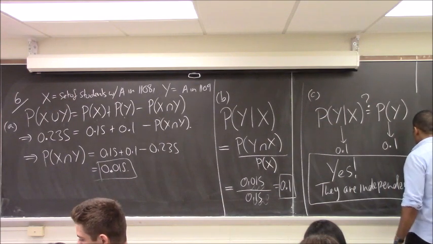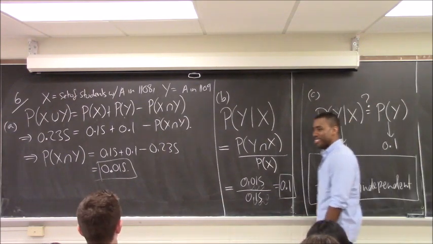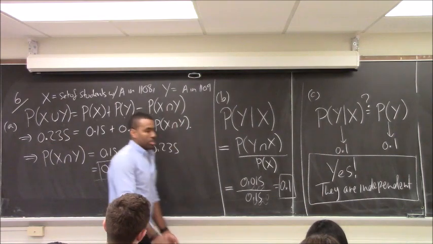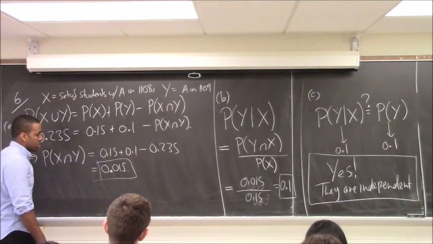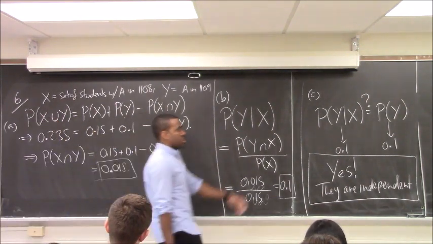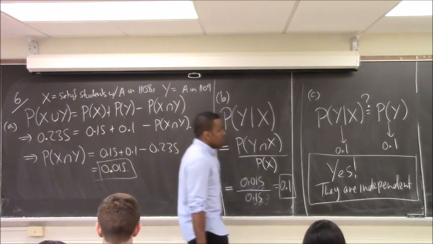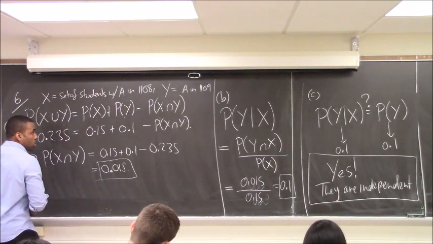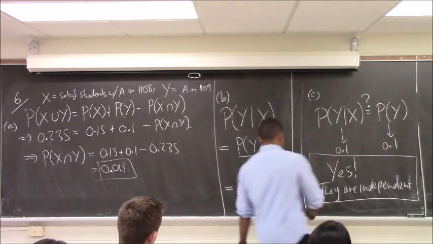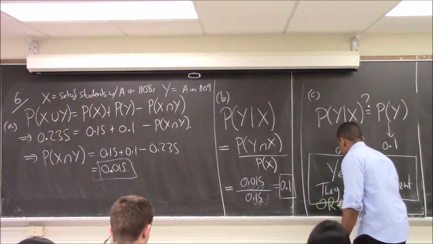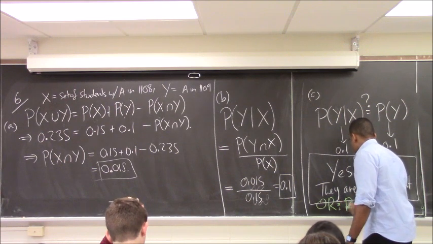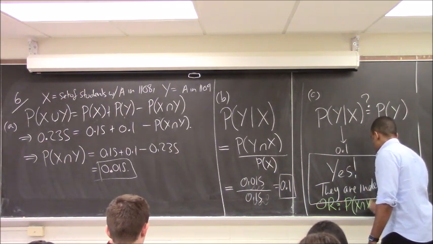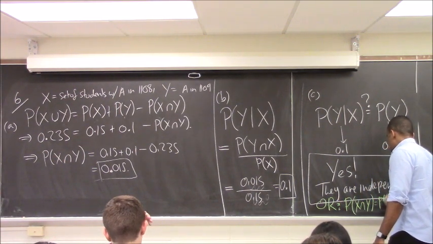I've had students tell me, well, it depends on the teacher you got, and if you did well in this class, you might. No, you don't want to go into that sort of reasoning. When you're talking about independence, let the numbers tell you. You have to either show that that works out, or show that the probability of X intersect Y is actually the product of the probabilities.